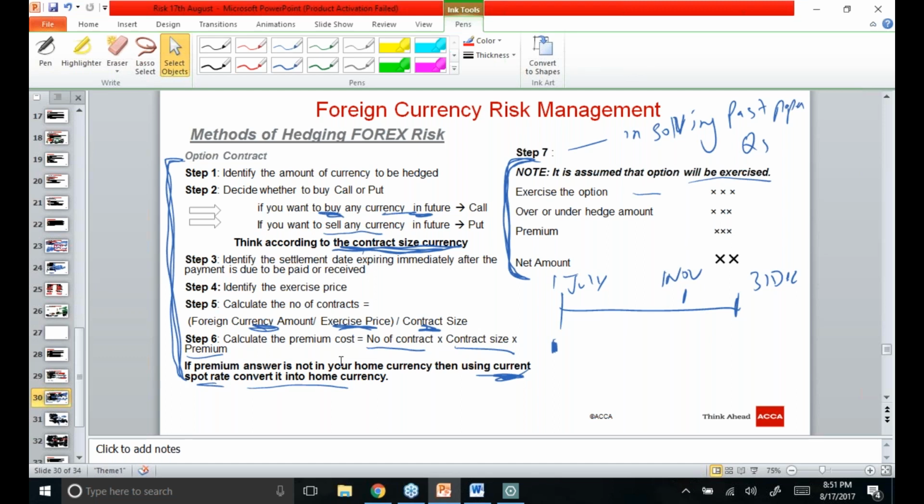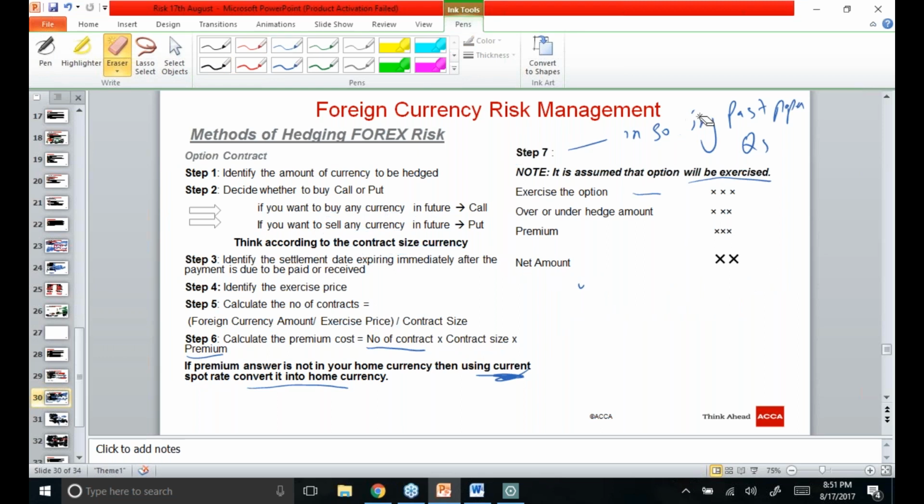the question will be simple. There will be a first step, there will be a second step, but there will not be any third step, because in an over the counter option there is no standard settlement date.